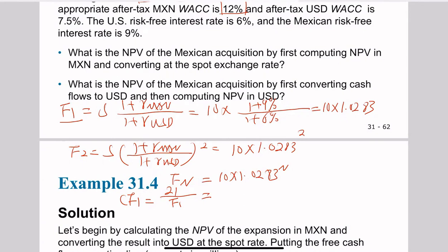And this would be 21 divided by 10 times 1.0283.